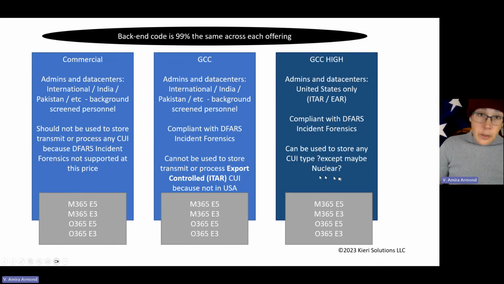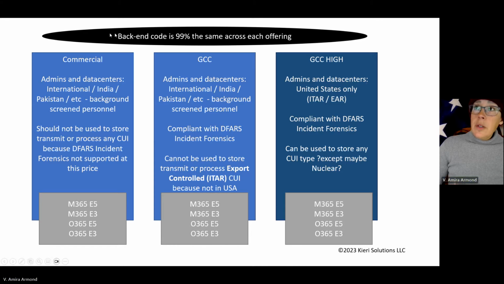There's a question here about nuclear, because nuclear has some legal requirements to say you can only share it with people who are authorized by the government. You probably want to double check with the government whether or not you can use GCC High in that case. But overall, GCC High, according to Microsoft, is appropriate for ITAR data, export controlled data.